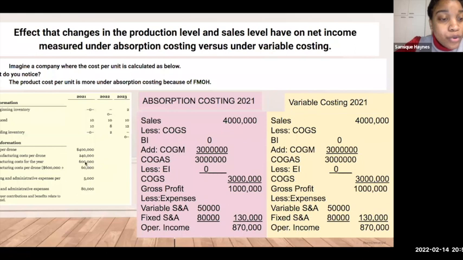So what is our total cost of goods manufactured? If each drone costs $240,000 in variable manufacturing costs, how much is it for the whole year? That's good, 2.4 million, exactly.